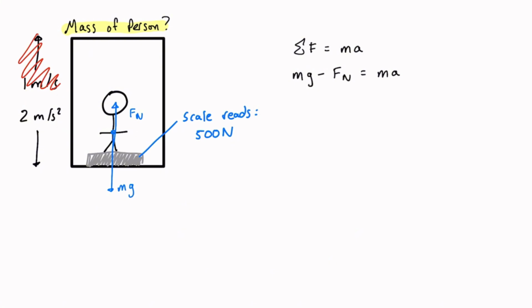Let's start by trying to isolate m. We'll add Fn to the other side and subtract ma. mg minus ma equals Fn. Take out the m and divide by g minus a.